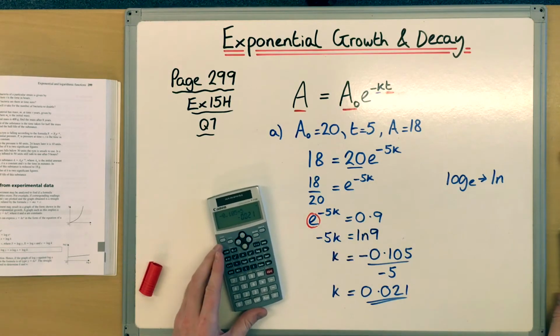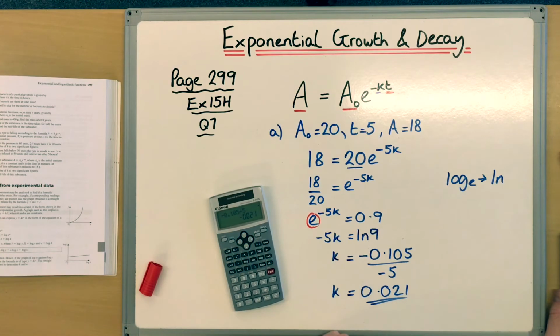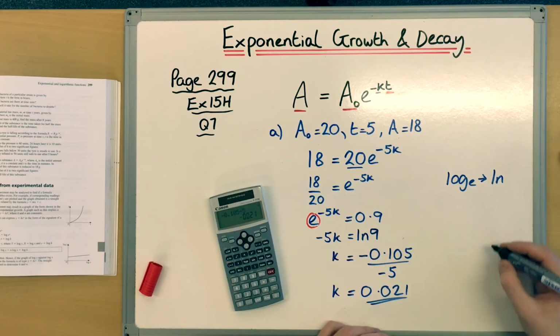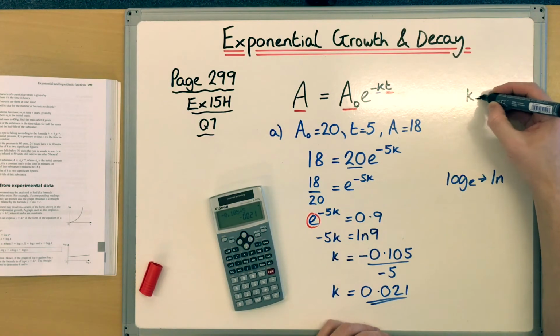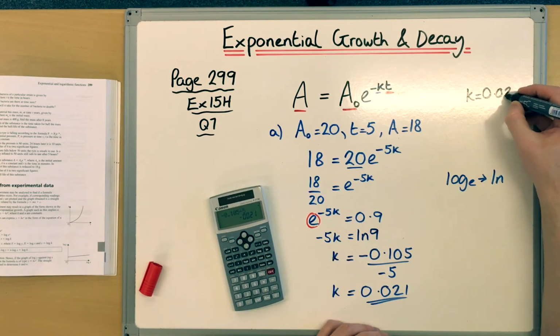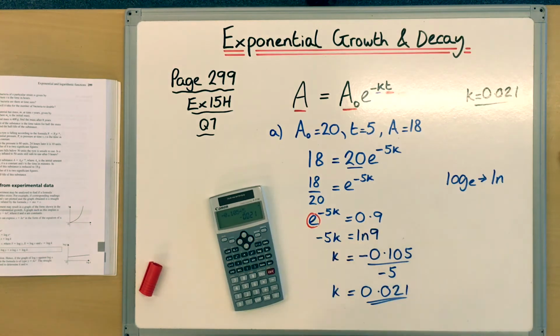So there we go, my answer for K is 0.021, those two negatives cancel out there. So I'm just going to make a wee note of this up there, and I'm going to go on to part B.